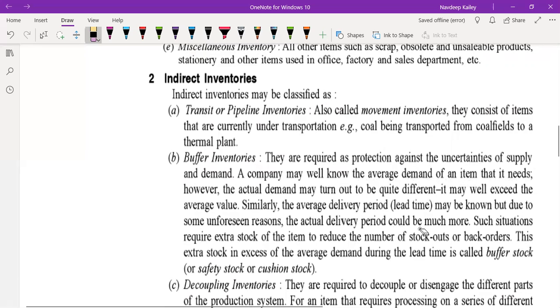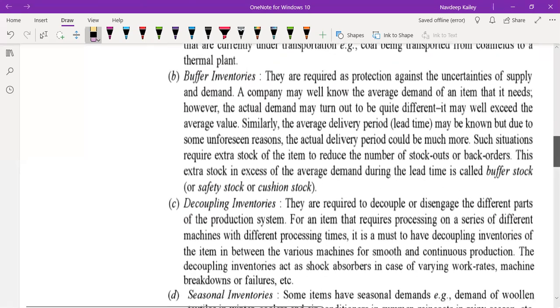Similarly, the average delivery period may be known, but due to some unforeseen reasons, the actual delivery period could be much more. Such situations require extra stock of the item to reduce the number of stockouts or back orders. This extra stock in excess of average demand during the lead time is called buffer stock, or we call it safety stock or cushion stock.